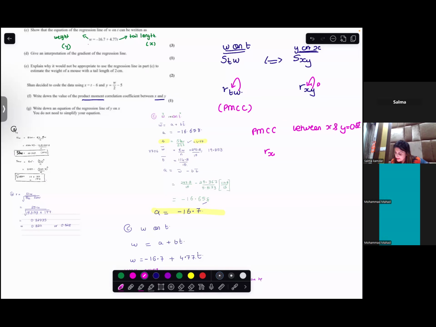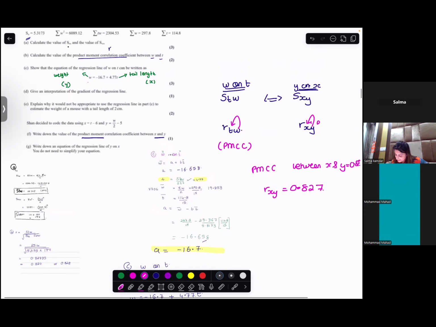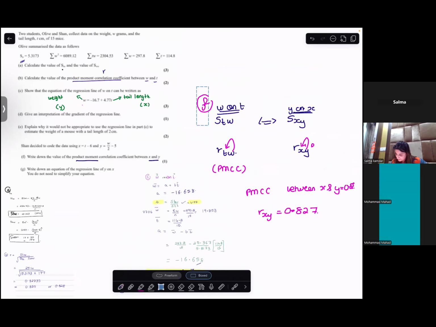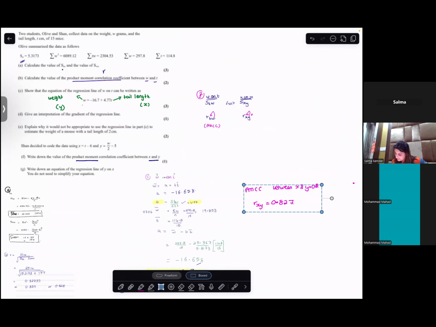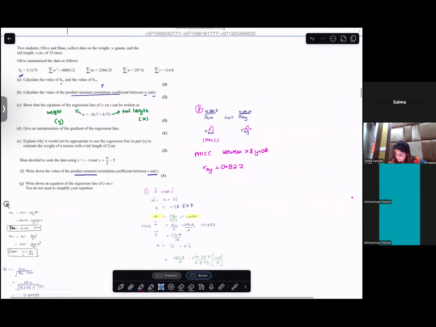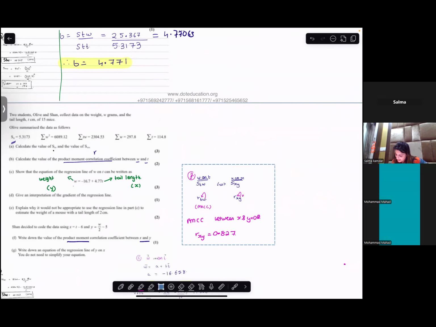Or you can write Rxy is equal to 0.827. Okay, this is the F part. So we are done with the F part.